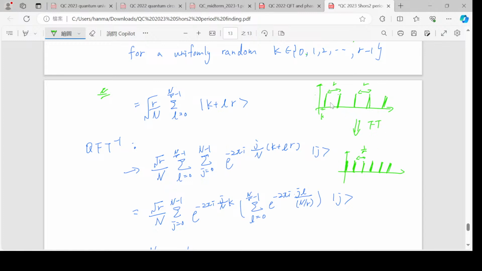You actually start at 0, so those spikes are the S over R we have been seeing. This one is 0 over R, this location is 1 over R, and each one of them is S over R.